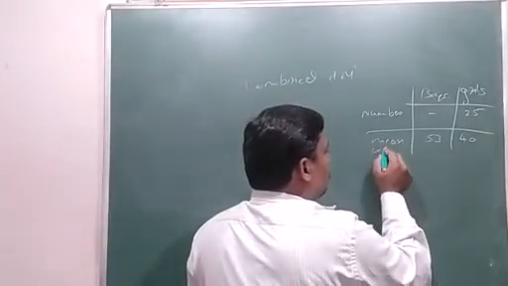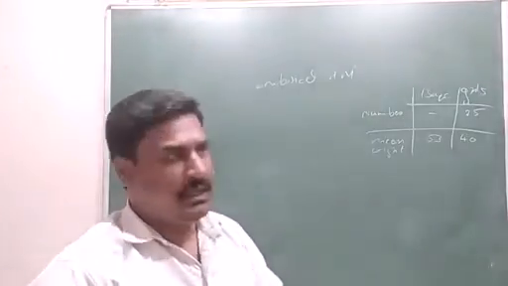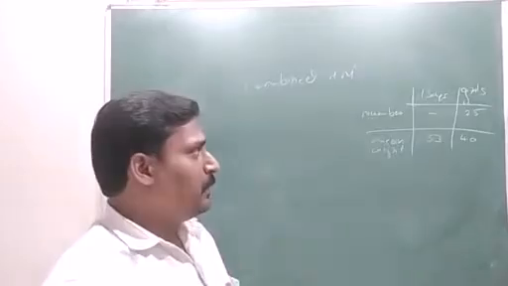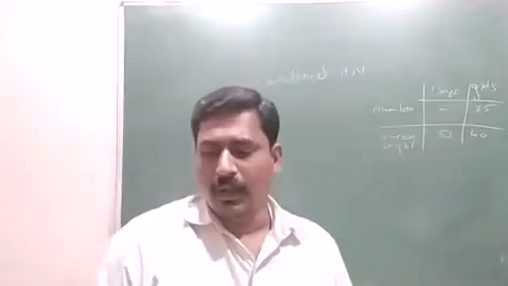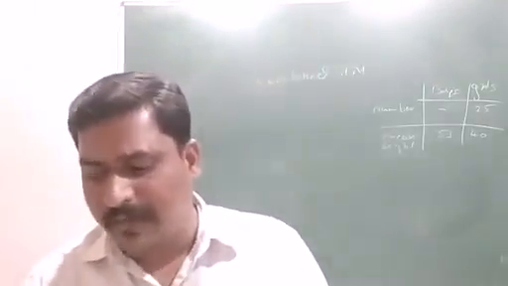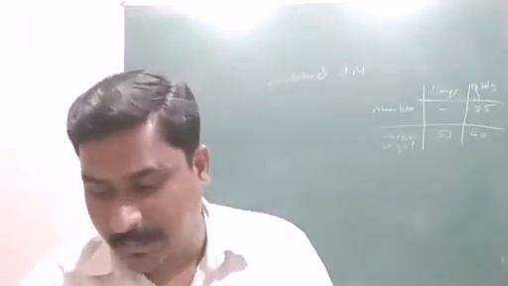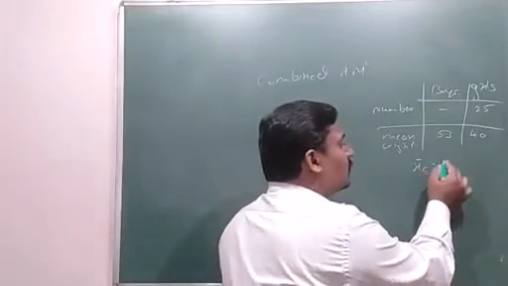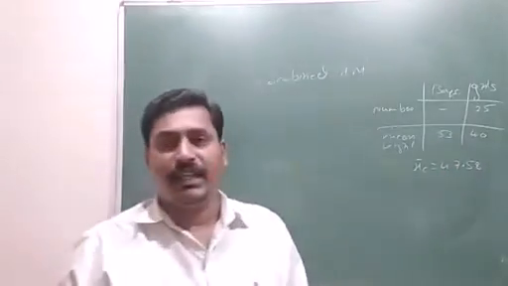So mean weight in kg. Boys' average weight is 53 and that of girls' average weight is 40. There are 25 girls, and we don't know how many boys there are. If the combined mean weight is 47.58 kg, that is x bar c is equal to 47.58 kg.